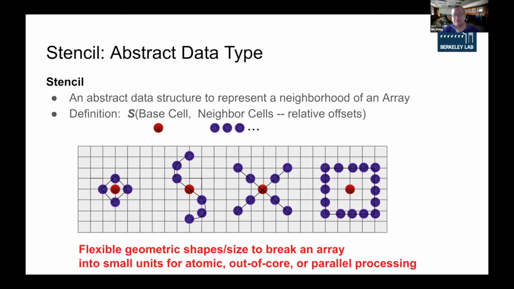This also gives us the flexibility to split a large array into small units. These units can be processed automatically, out of core, or in parallel. Especially in FasTensor, the stencil gives the user the capability to define operations on top of any geometric shapes. As you can see in the figure on this slide, you can use the stencil to express any geometric shapes.